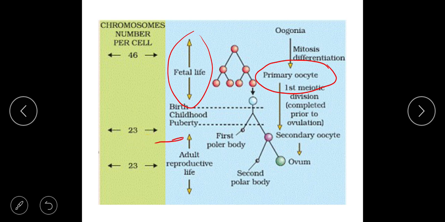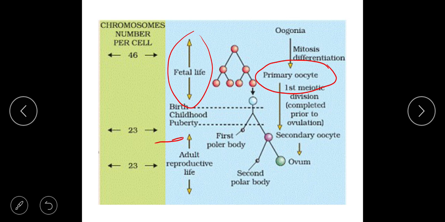Now at puberty, under the influence of the female hormones, this primary oocyte completes its first division, meiosis I is completed, and the secondary oocyte is formed.